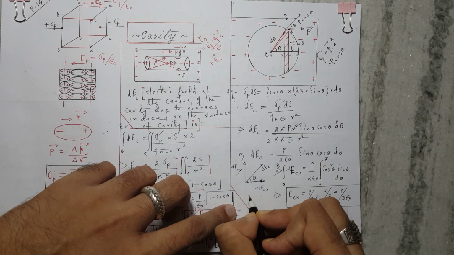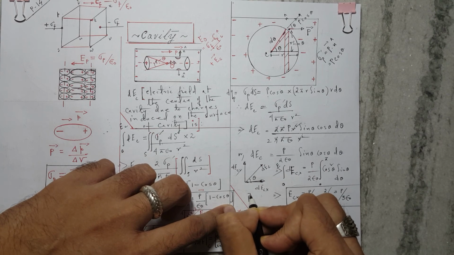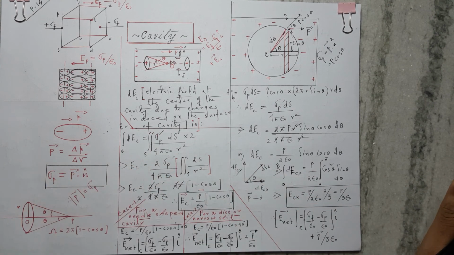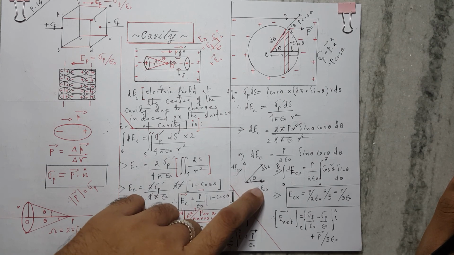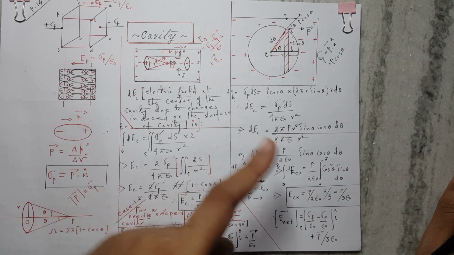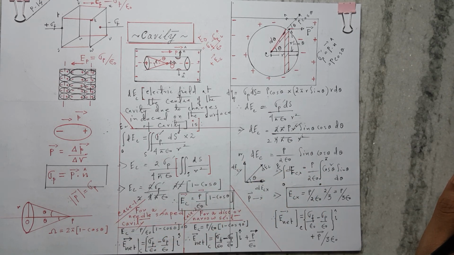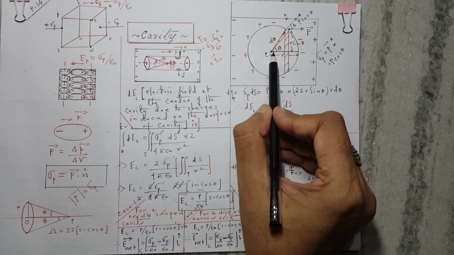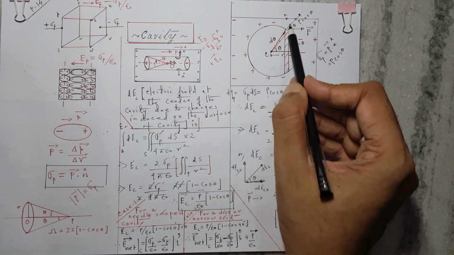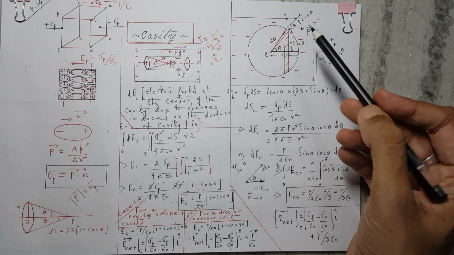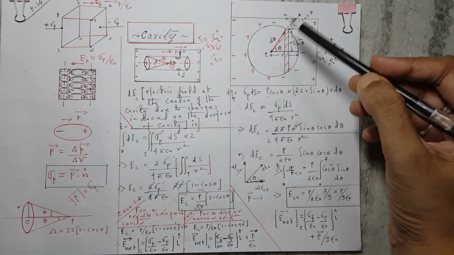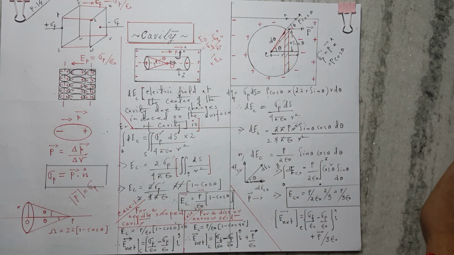P vector is in the same direction as dEcX. So dEcX is dEc cos theta, which gives cos square theta sin theta. Now if you integrate from theta equals 0 to theta equals pi, this elementary ring covers the entire cavity region, and you get this particular result.